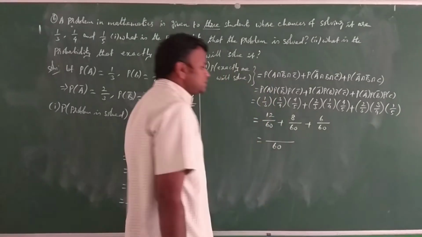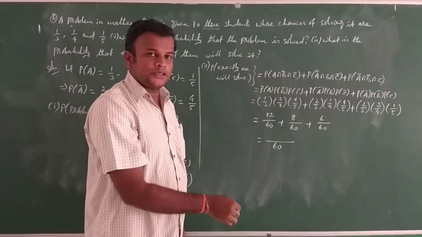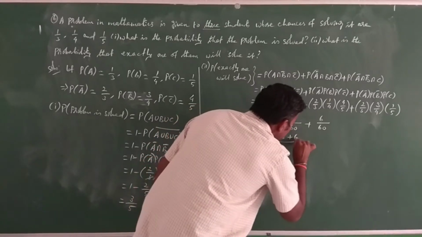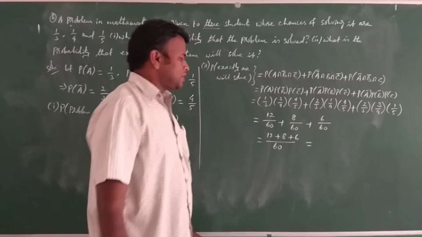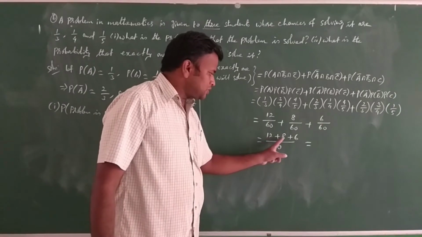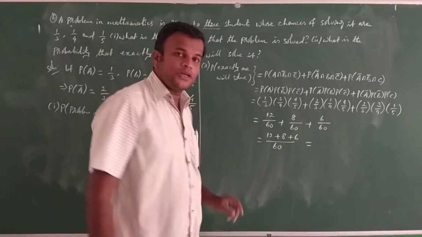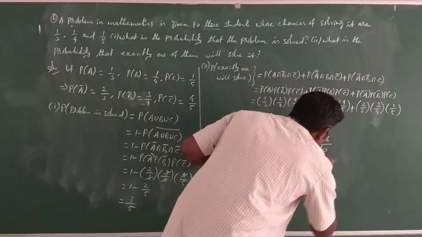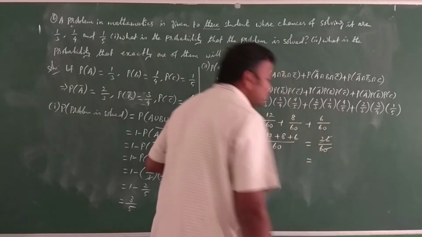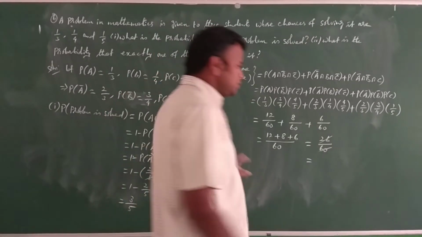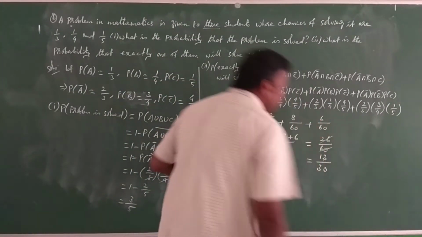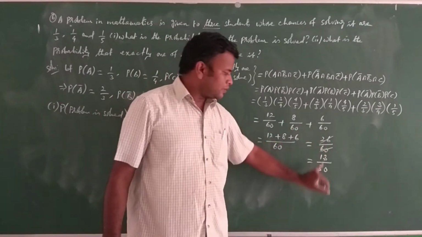You see the denominator is the same, so I write the whole thing divided by 60. The numerator is 12 plus 8 plus 6. What is the answer of the numerator? 12 plus 8 is 20, plus 6 is 26, by 60. Simplification is possible, so I cancel. Second table, it has 13 by 30.